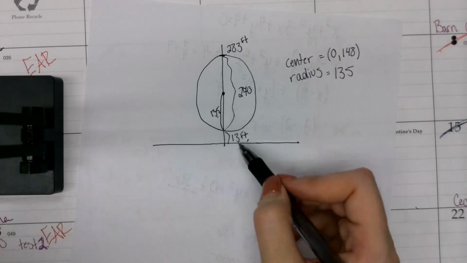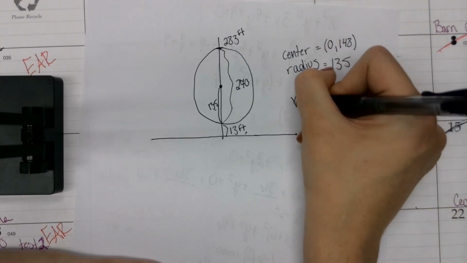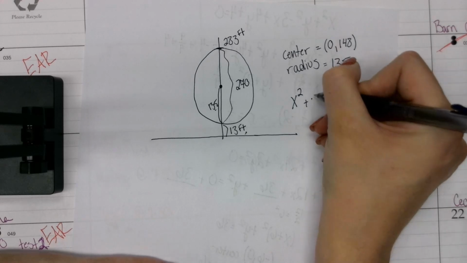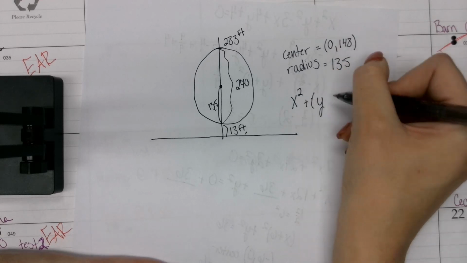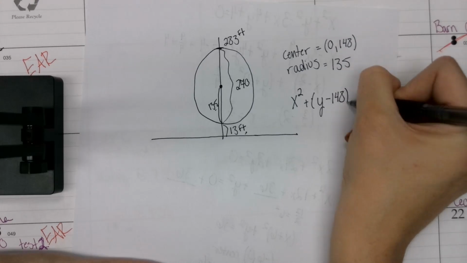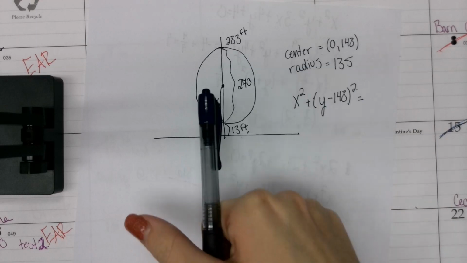So then write it in standard form. We have x squared, because it'd be x subtract 0, plus y subtract 148 squared equals 135 squared.